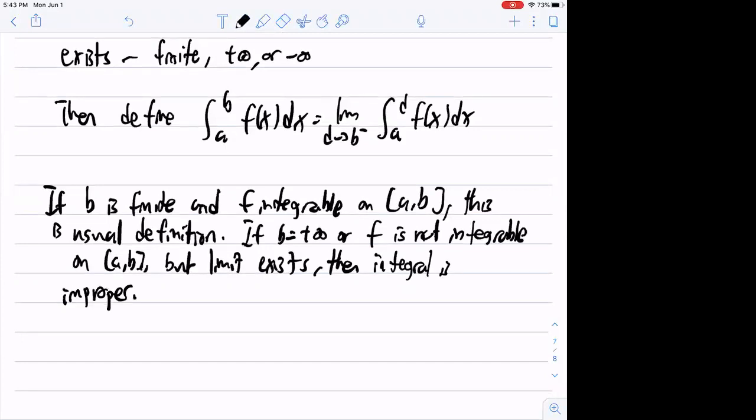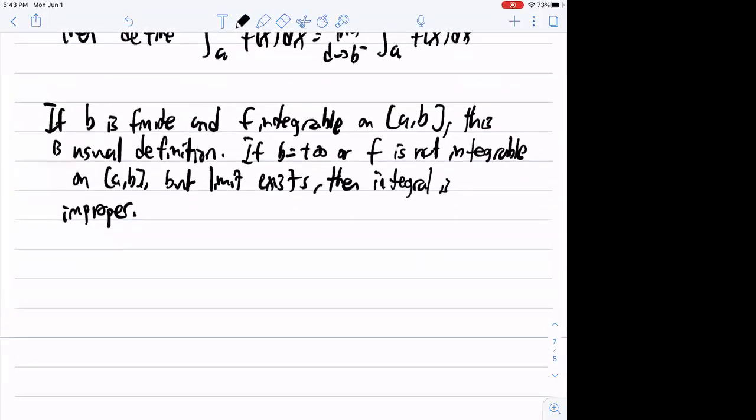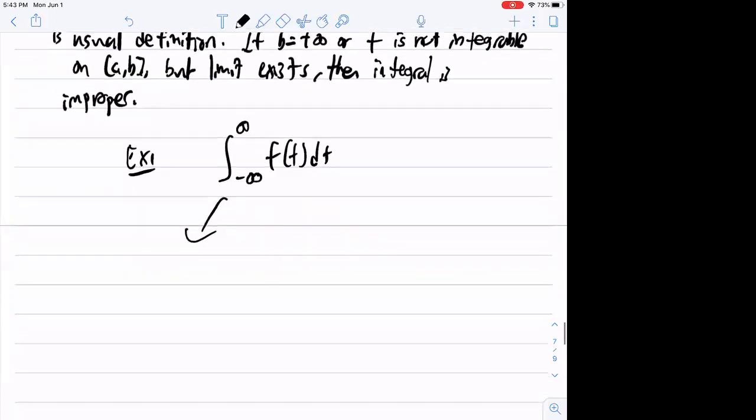So let me just go over the important parts. The common mistake people make is if it's improper on both sides. An example would be the integral from negative infinity to infinity of f of t dt. What you need to do is pick a point where f is actually defined.